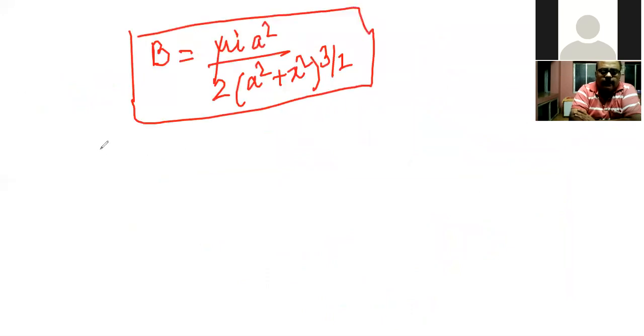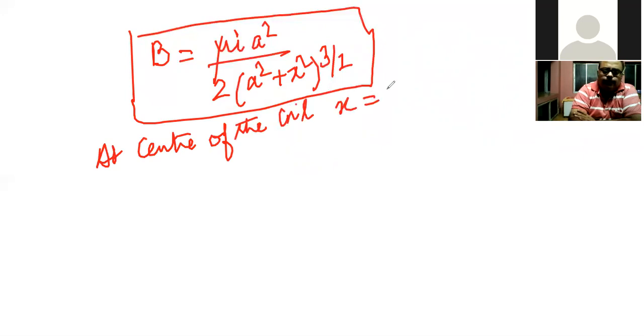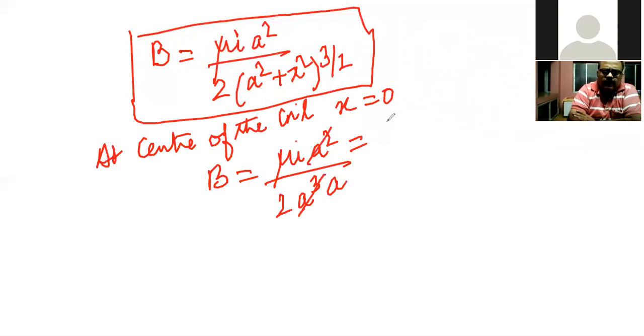Now what will happen at the center of the coil? What will be the value of x? At the center of the coil, the value of x will be 0. So magnetic field B will be equal to mu I a square divided by 2 a cube. So a square and a get cancelled, and that is equal to mu I by 2a.